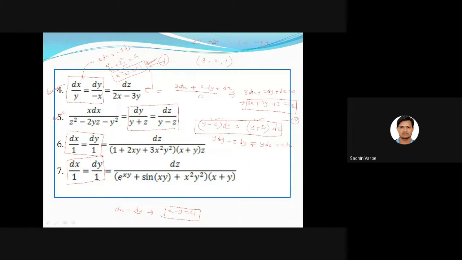Now the first solution we have obtained is x minus y is equal to c1, for the 7th one also. The first solution is x minus y is equal to c1.